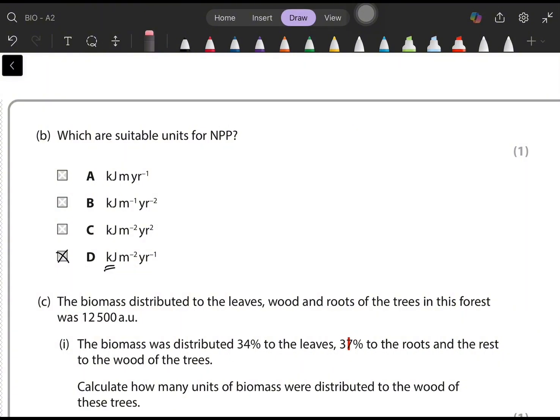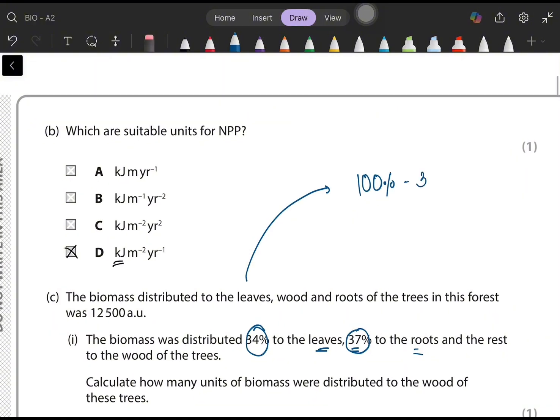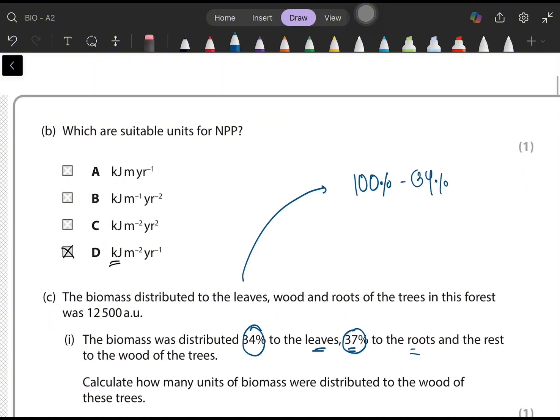This is basically just basic math. Assume that the total percentage is 100. From 100 we subtract the 34% that was distributed to leaves and the 37% that was distributed to roots. 100 minus 34 minus 37, you're going to get 29%.